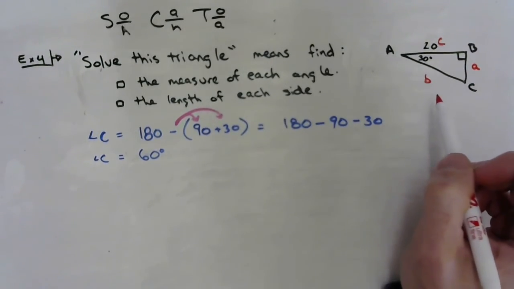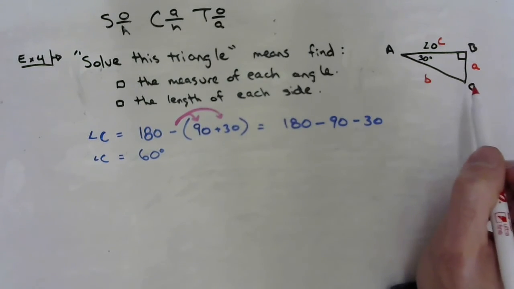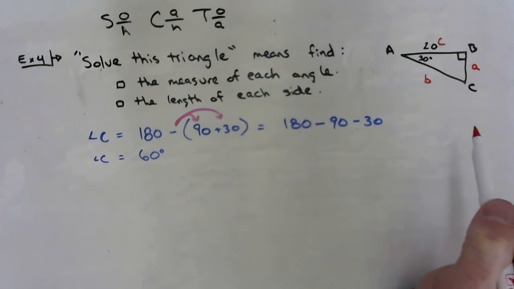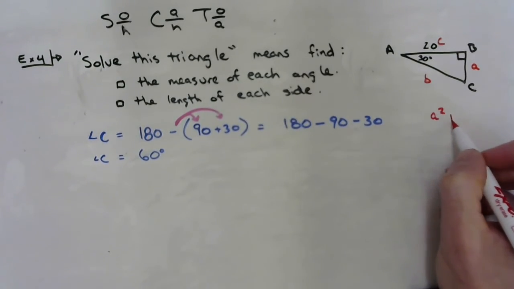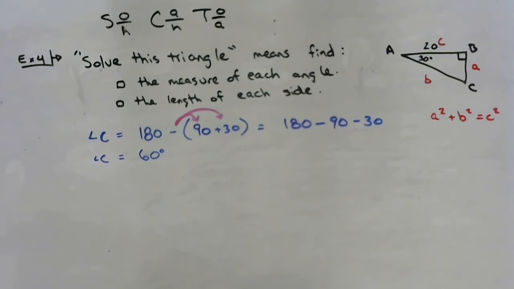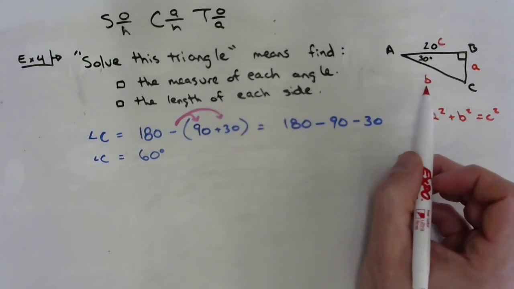and you must use lowercase for your side lengths. Now, one tricky thing that just happened here: we're in a right angle triangle. I used the letters A, B, C, but is this statement true, a squared plus b squared equals c squared? No. It is not true. What is my hypotenuse?